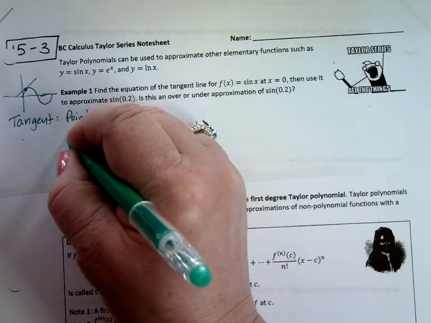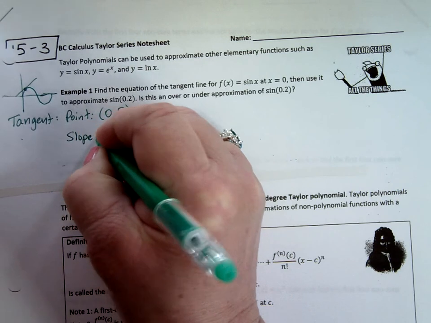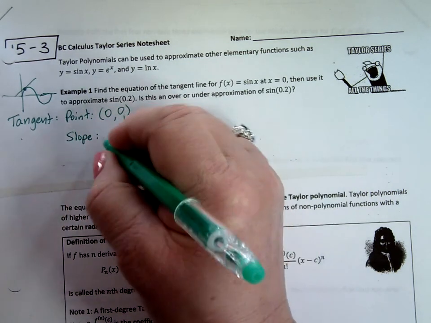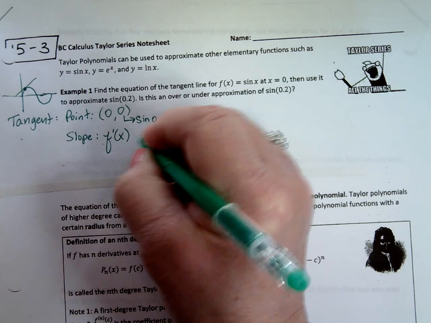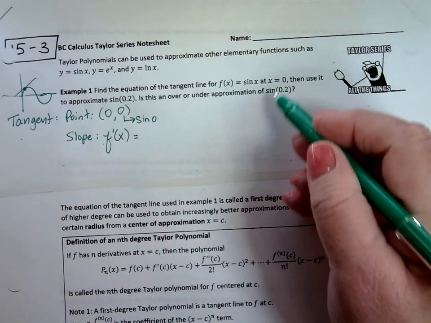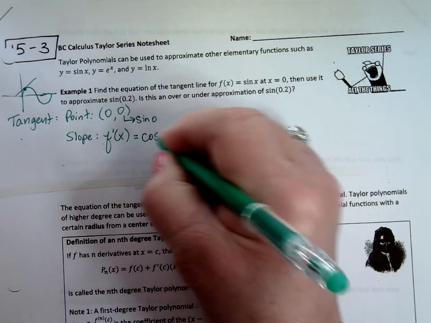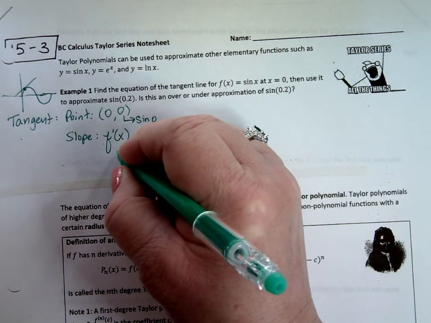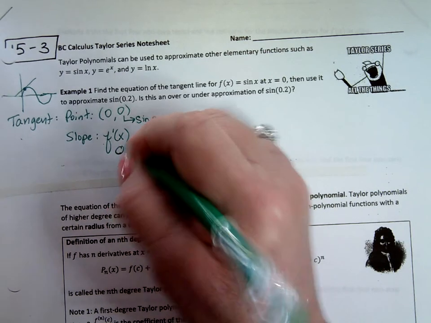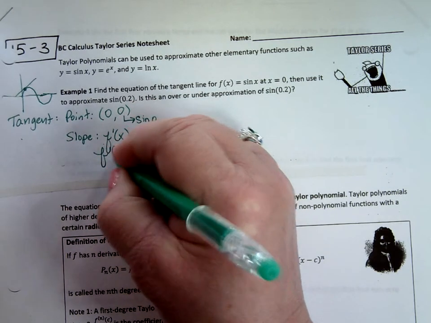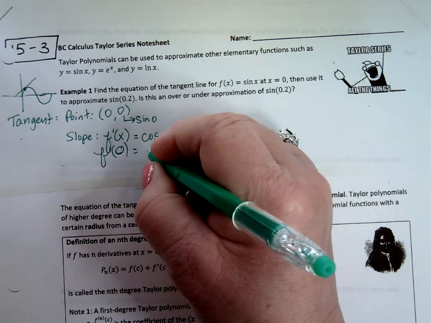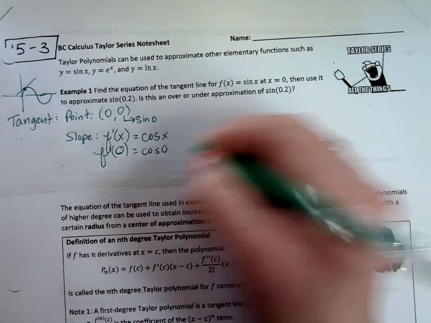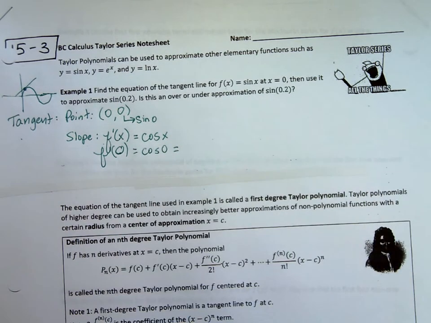And then I need a slope. Well, the slope comes from the derivative, right? So I need to know what the derivative of f of x is. The derivative of sine is cosine. And so I want to know what the cosine of 0 is. F prime of 0 equals the cosine of 0. And so I'm thinking, at 0, what's cosine?